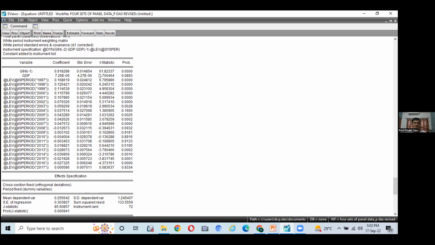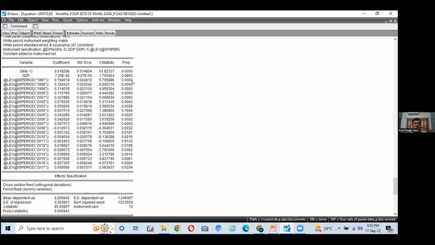These are the estimated coefficients and standard errors. The coefficient divided by the standard error equals the T statistic, and these are the levels of significance, that is, probability. Here for Gini -1, the level of significance of the lagged dependent variable is 0.000, which is statistically significant.